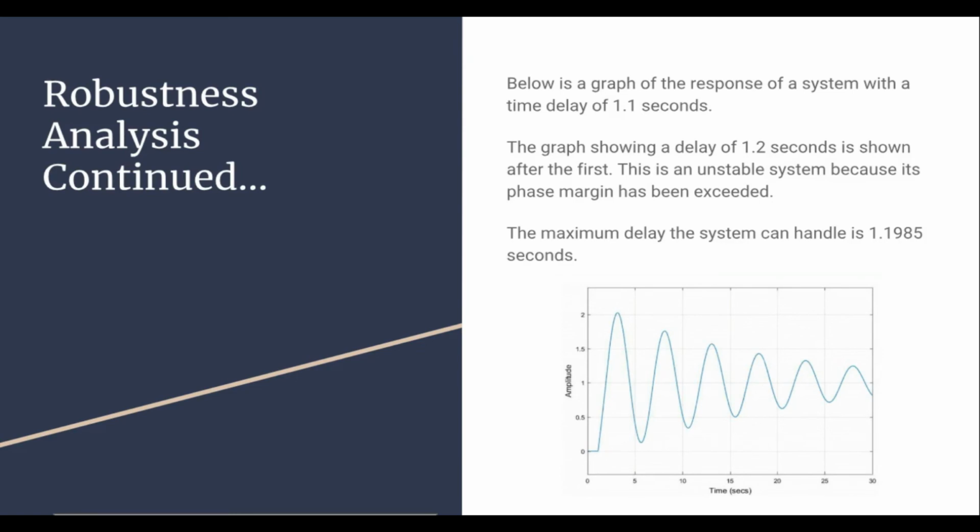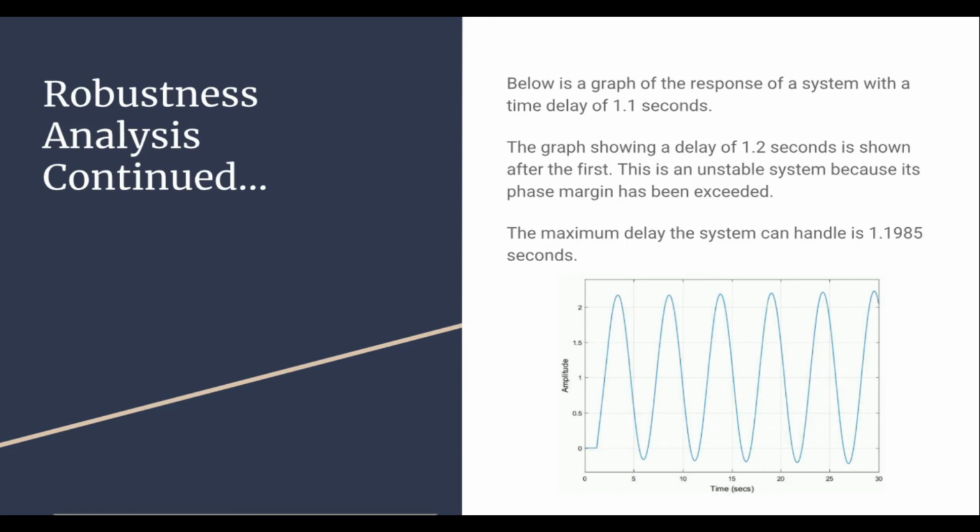Next, we will look at how time delays affect our system. Below is a graph of a 1.1 second time delay added to our system with a step input. You can see that the peaks decrease and our system remains stable. Now there's a graph of a 1.2 second time delay in our system.